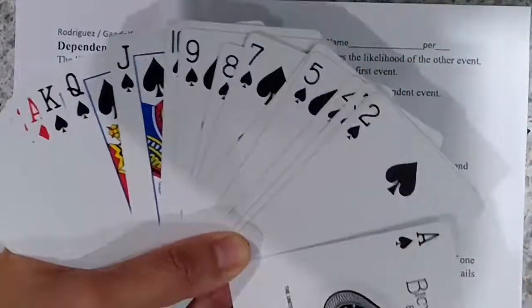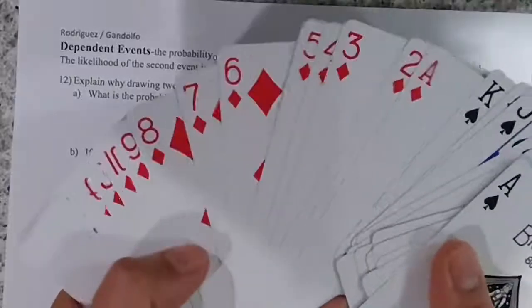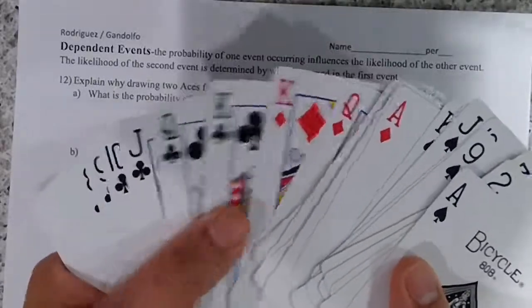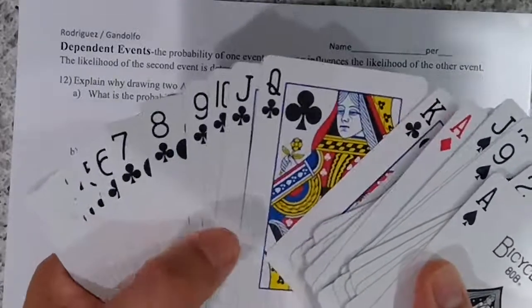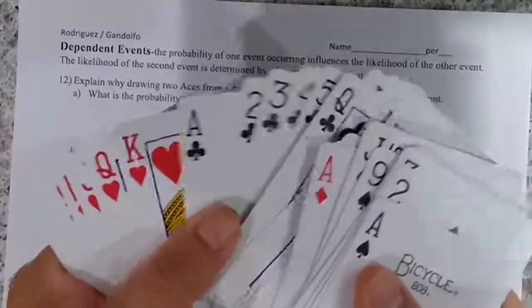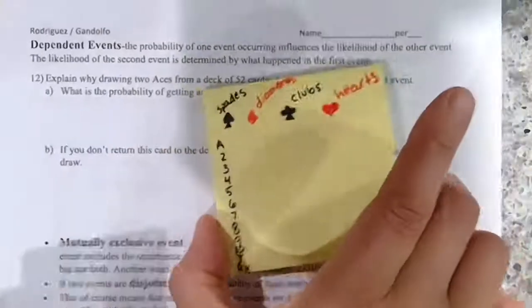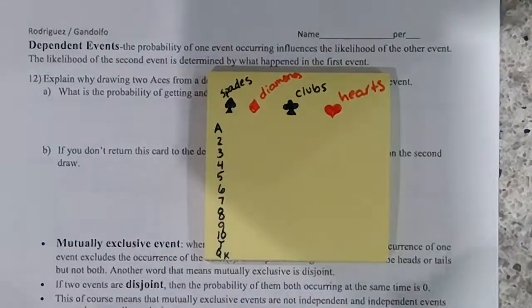So there are 13 cards for every suit. That's your spades, diamonds, clubs, and then you have your hearts. If you didn't know that, maybe you want to take a minute and write that down.